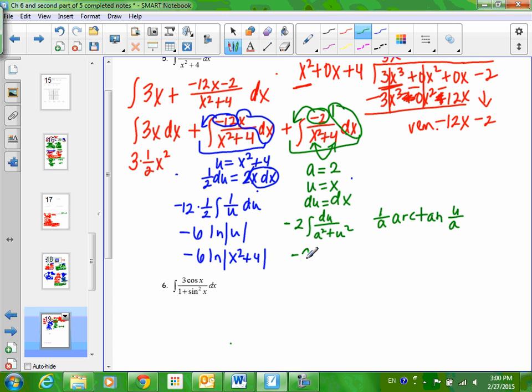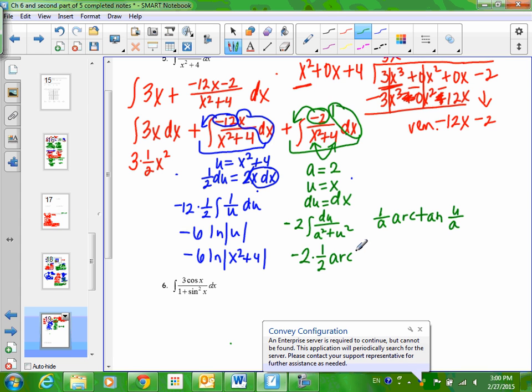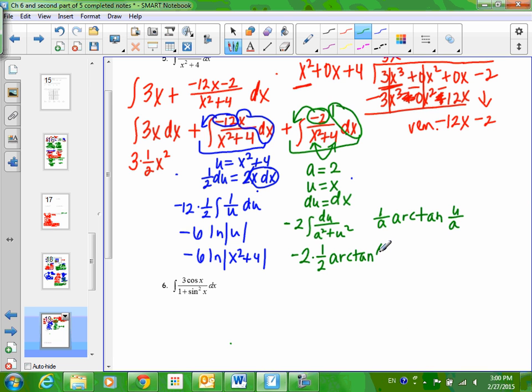We're going to put a plus c at the very end. So I'm going to write negative 2 times 1 over a. That's 1 over 2 arctan of x over 2. And I'm going to cancel that.